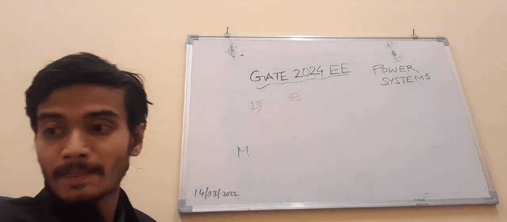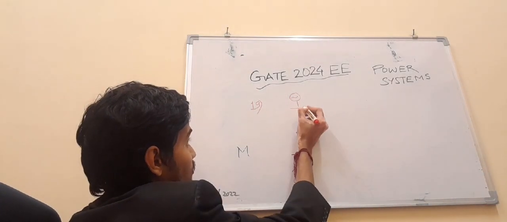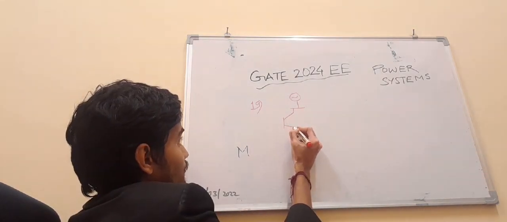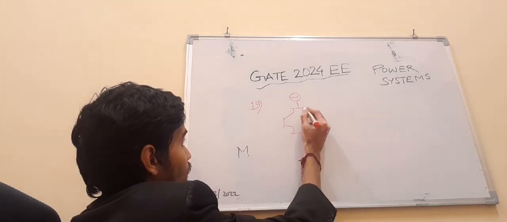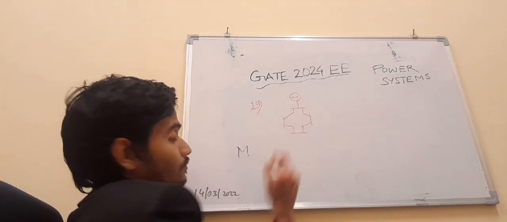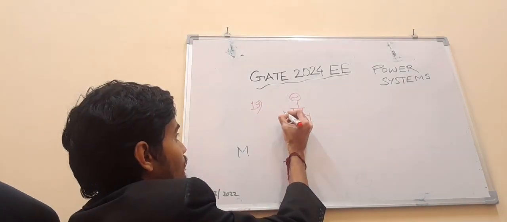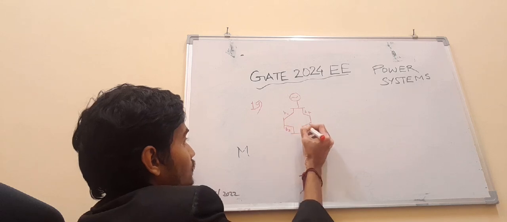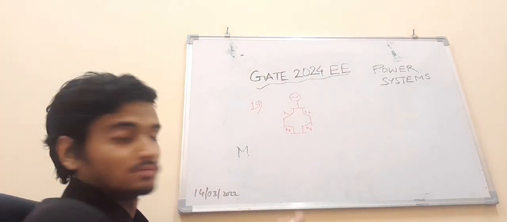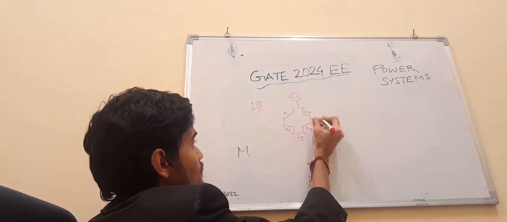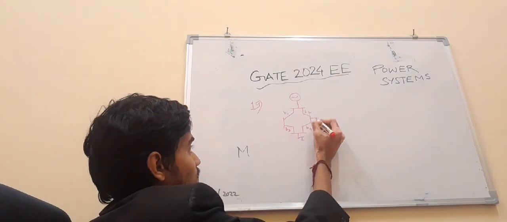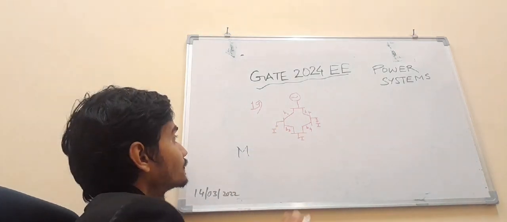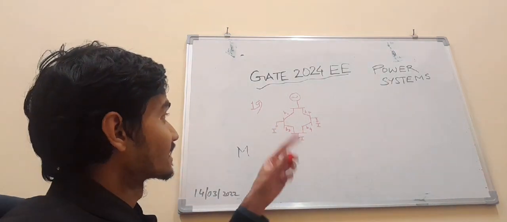Generator is there, bus is connected to generator. Okay, so this is the single line diagram given.